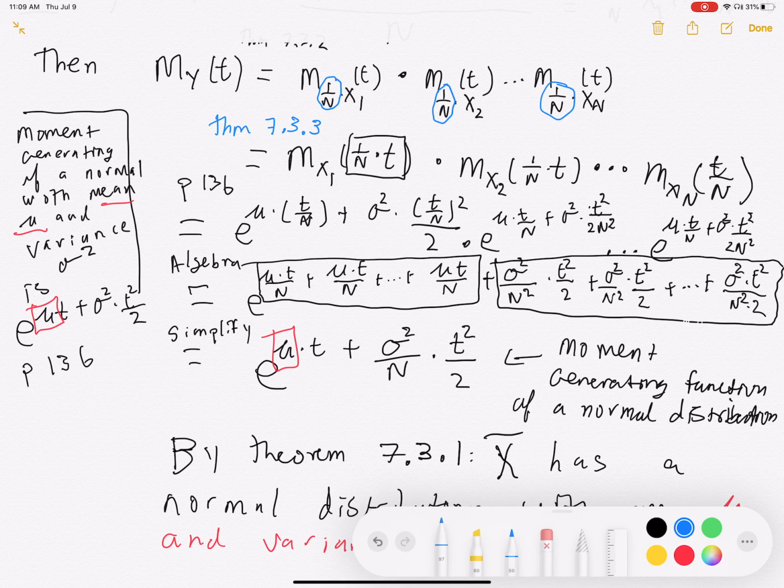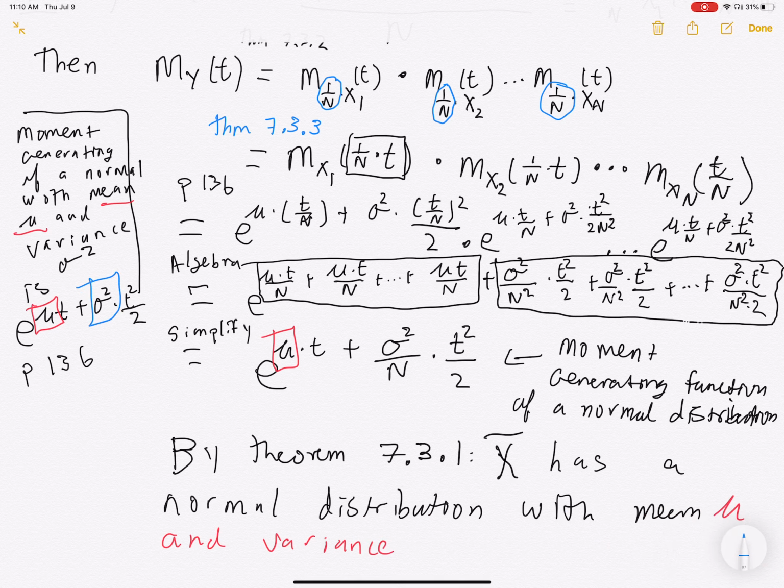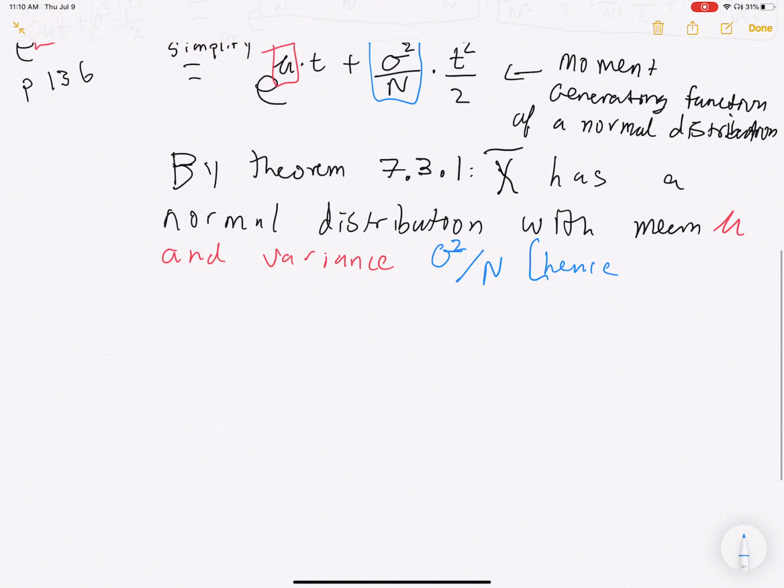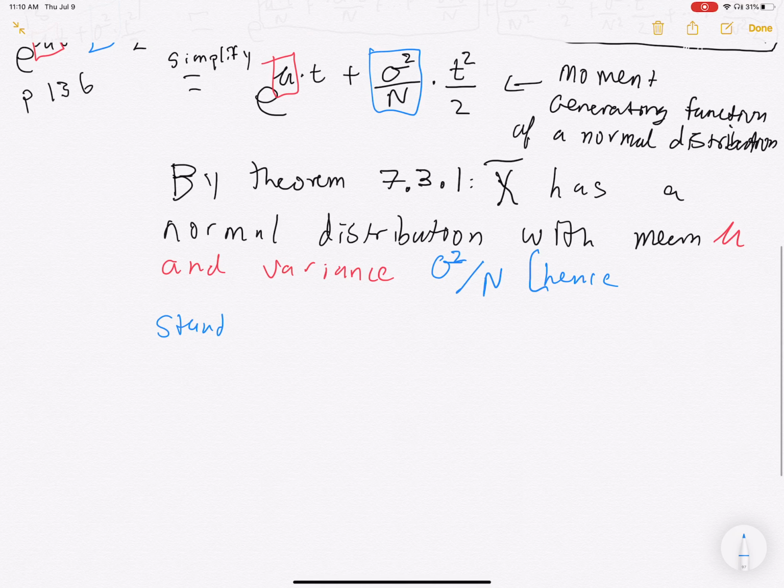The variance is going to be multiplied by t squared over 2, which is sigma squared over n, not root n. Hence, standard deviation is the square root of that. So we'll get sigma over root n. Okay.